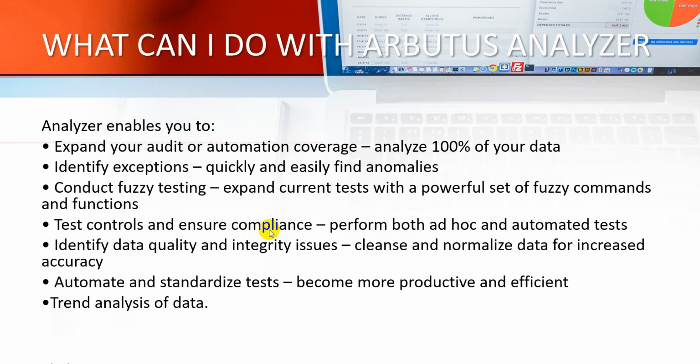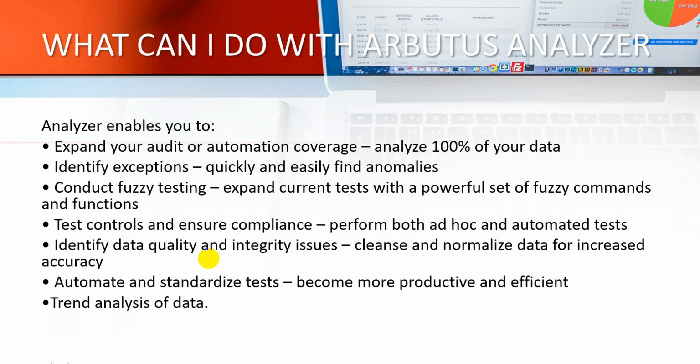So all these things are things that you can easily do within Arbutus. You can test your controls in the system to ensure that they are complying with whatever settings you've done in the system. Then identify data quality and integrity issues within the data, and you're able to cleanse and normalize your data for your data analysis. Then automate and standardize your tests.